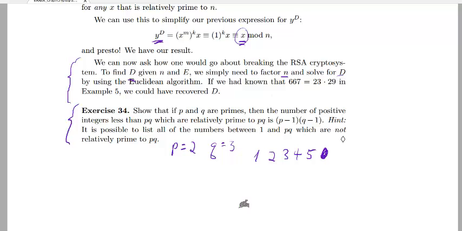How many numbers here are relatively prime to 6? Well, 2 is not, 3 is not, 4 is not. We have 2 numbers. And we can check that 2 is equal to p minus 1 times q minus 1 equals 1 times 2. Yes, that works. Okay, so you can try that for other larger primes, but in fact this is generally true as long as p and q are both primes.